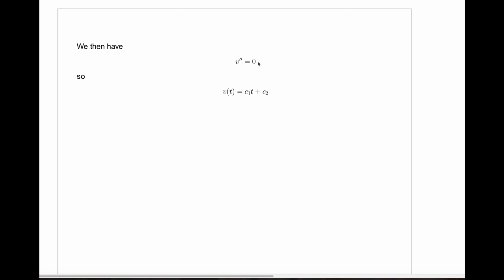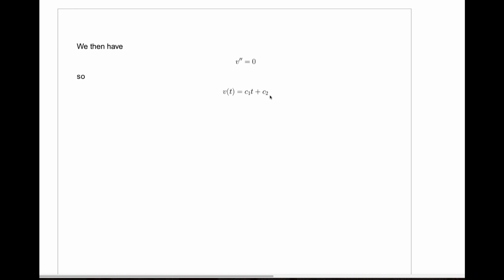So once you know v'' is 0, this is why we call it a reduction of order. This is, of course, a second-order differential equation, but it's really a first-order differential equation for v', saying v' has to be 0, and then the derivative of that has to be 0.